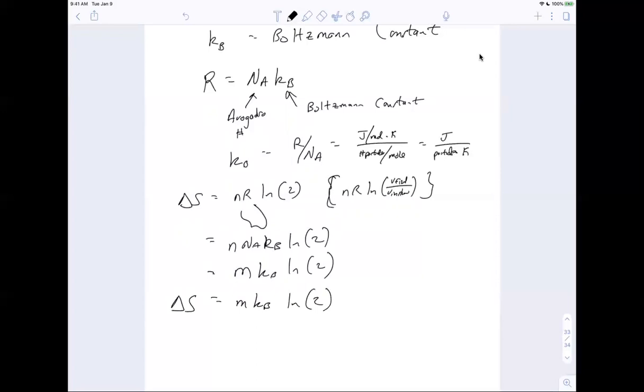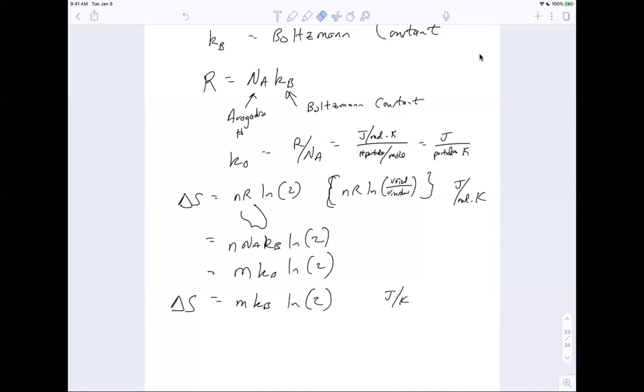Okay. So we see here then that in both cases, we're getting something that's consistent with energy in terms of the units as well. In this case, we get joules per particle Kelvin, and in this case, we get joules per mole Kelvin. But we're multiplying k_B by M, so we just get joules per Kelvin.